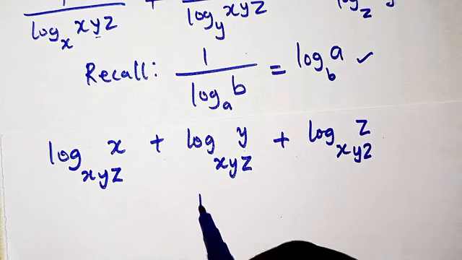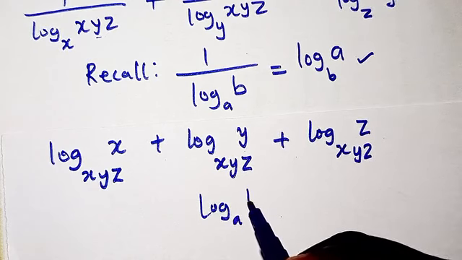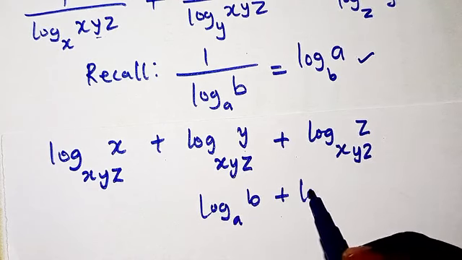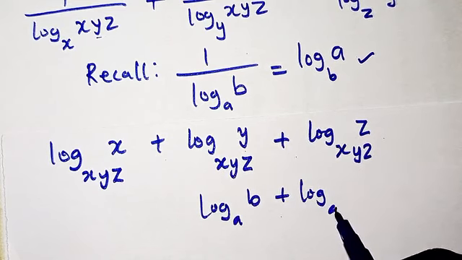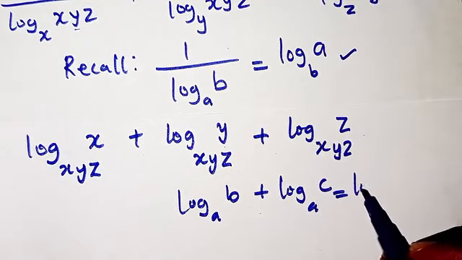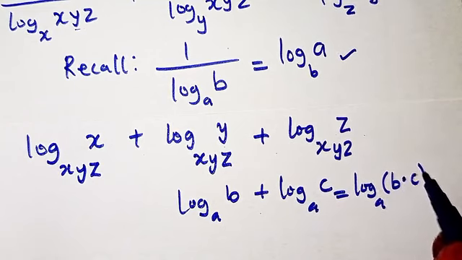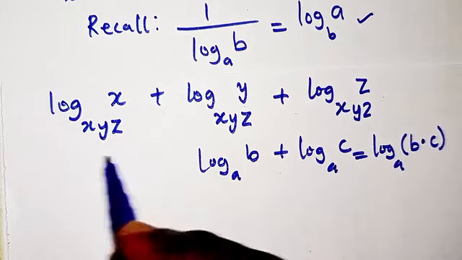Now we use the law of logarithm that says when you have log base a of b plus log base a of c, this is going to give us log base a of b multiplied by c. So we are going to use it here.